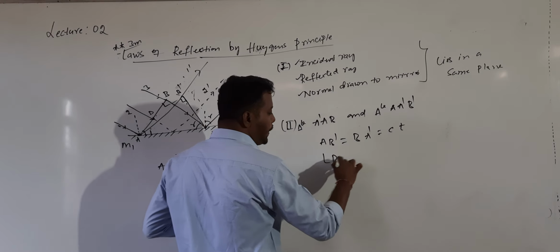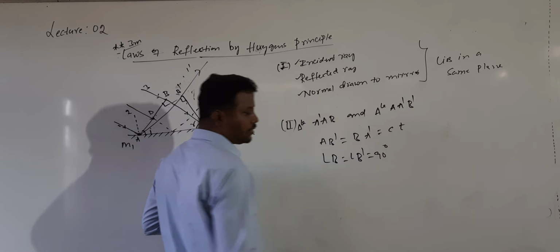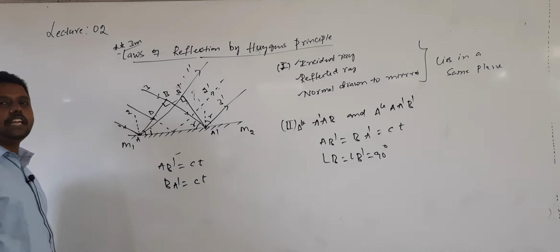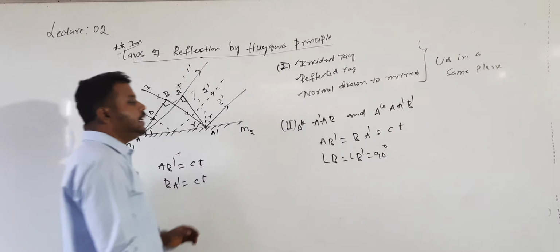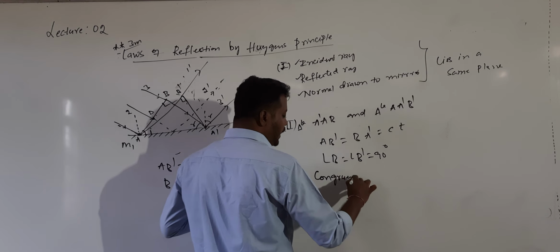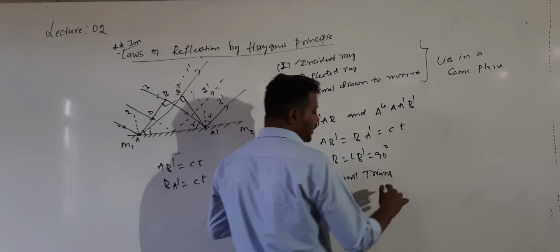Angle B is equal to angle B dash, equal to 90 degrees. So these are two triangles with one side value the same and one angle also the same. So these are congruent triangles.